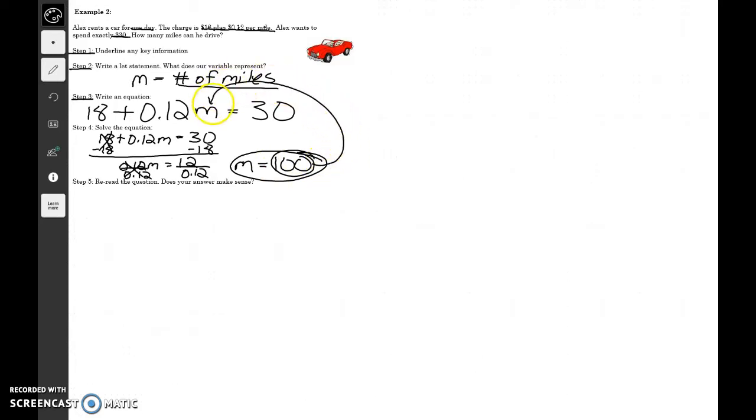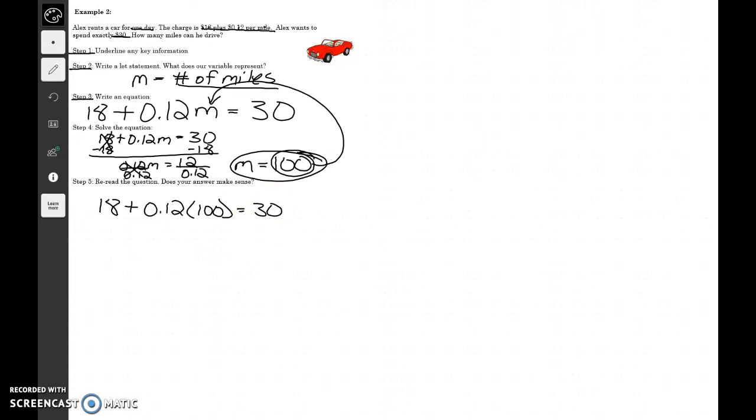So to check our answer to make sure it makes sense, let's take that 100 and plug it back in for m. So we have 18 plus 0.12. M is going to become 100 when we substitute it in, and then that's equal to 30.